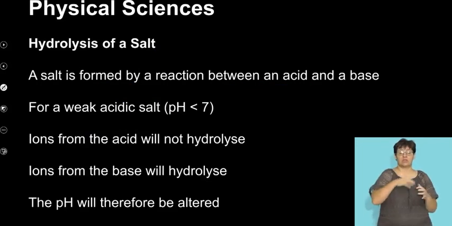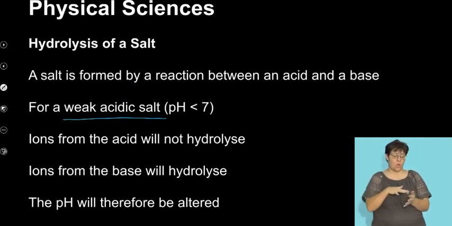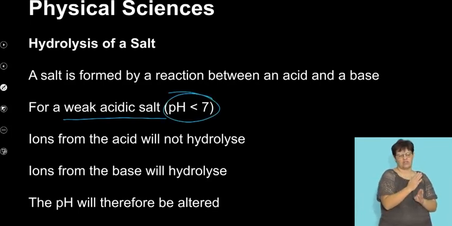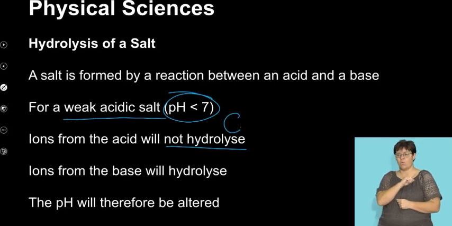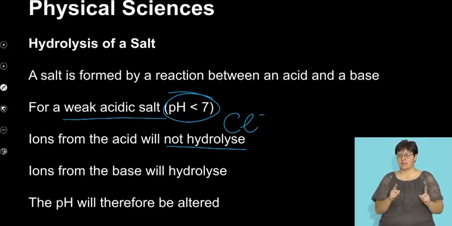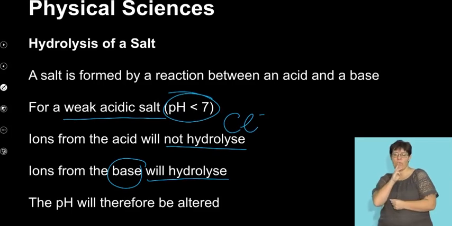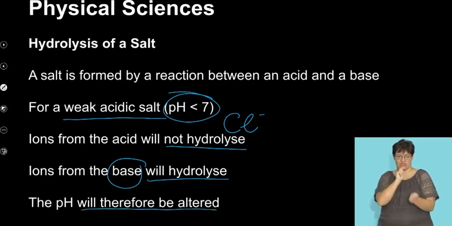A salt formed by a reaction between an acid and a base. For a weak acidic salt, meaning a salt that's got a pH of just smaller than 7, the ions from the acid will not hydrolyze because the ions will most probably be from a strong acid like sulfuric acid, but the ions of the base will hydrolyze, and that will alter our pH.